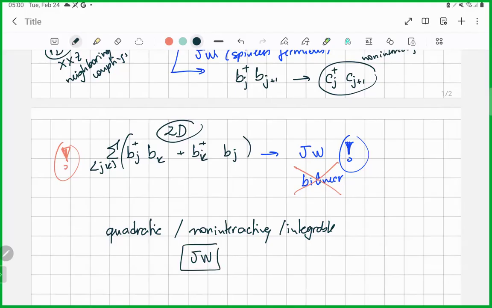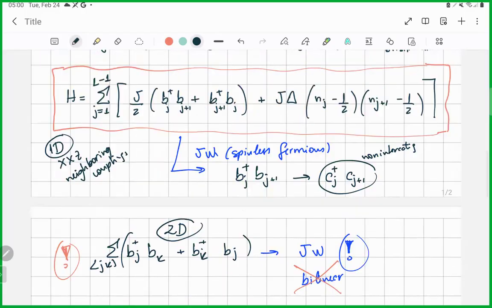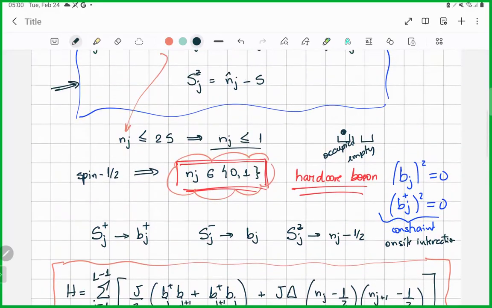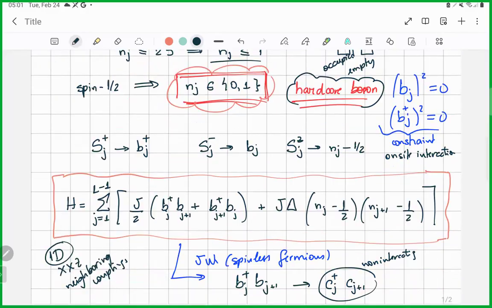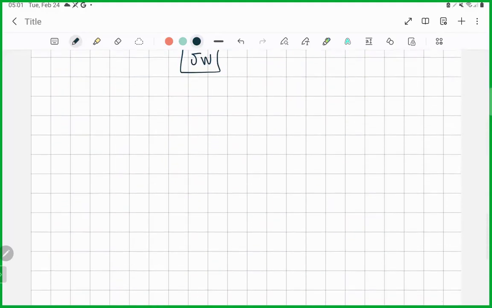Okay, now all this is because with spins half, when we did this transformation, we were playing with hardcore bosons, which is a very special scenario.